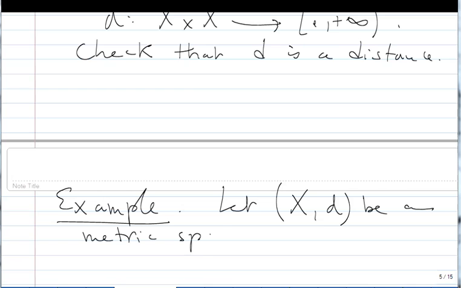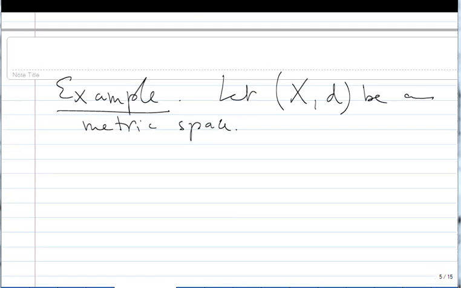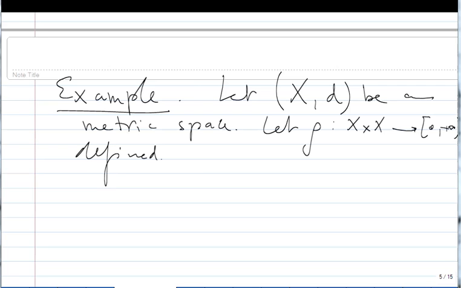Okay, so this is positive, and it's not very hard to see that number 1 is satisfied. Why? Because if rho of x, y is equal to 0, then d of x, y is equal to 0. And the symmetry is also inherited from d. And the hard part is the triangle inequality.